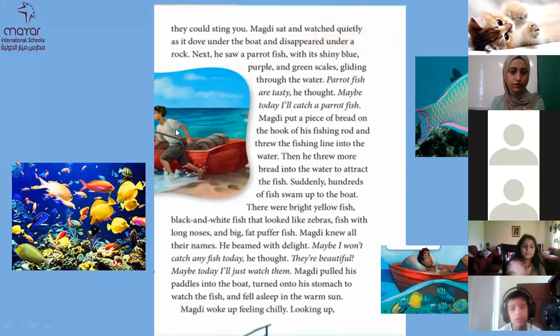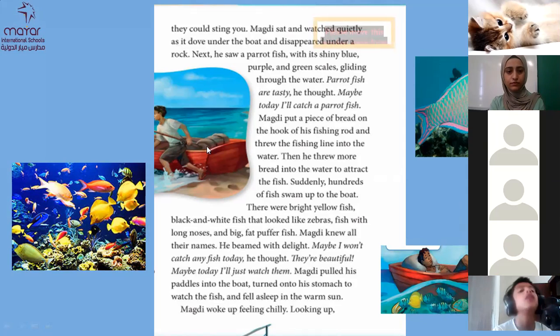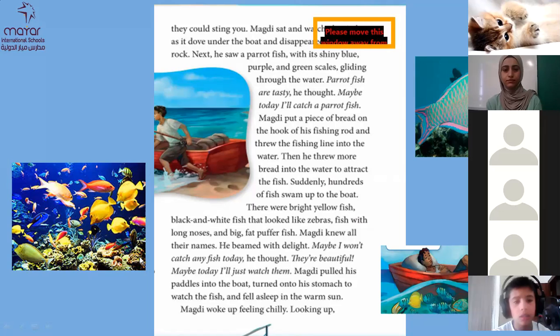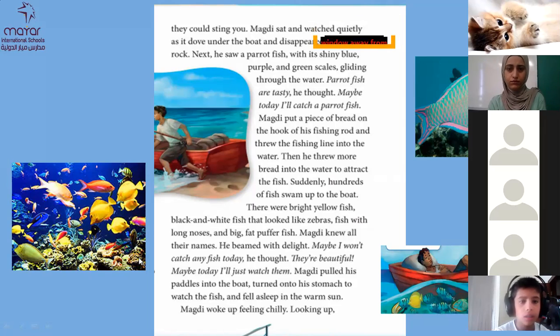They could sting you. Majdi sat and watched quietly as it dove under the boat and disappeared under the rock. Next, he saw a parrotfish with shiny blue, purple, and green scales gliding through the water. Parrotfish are tasty, he thought.